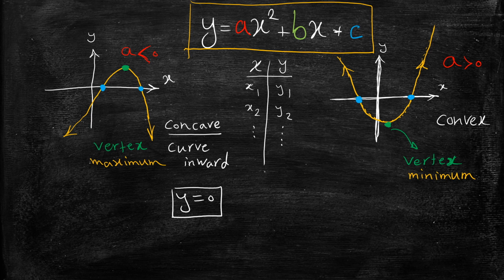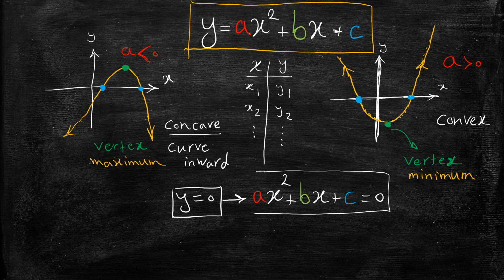Now, we know that when y is 0, we basically have to solve an equation that looks like this: Ax squared plus bx plus c equals 0. We have seen already how to solve this kind of equation. This is a quadratic equation with one unknown.